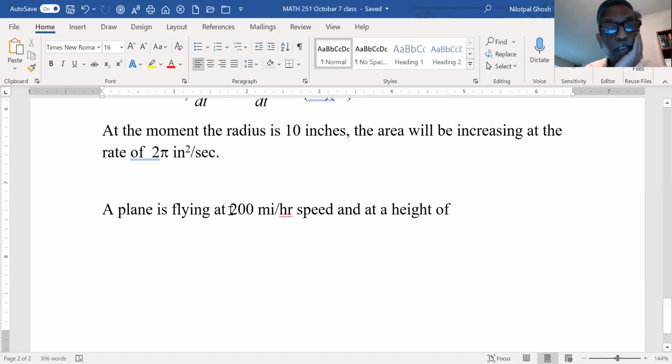If I want 200 miles per hour, I want to make it even smaller, 150 miles per hour.